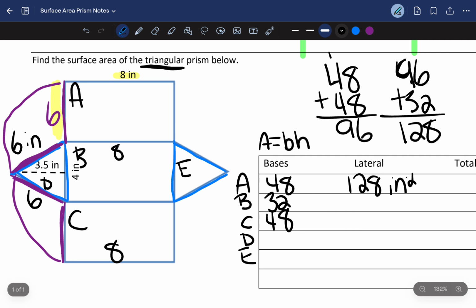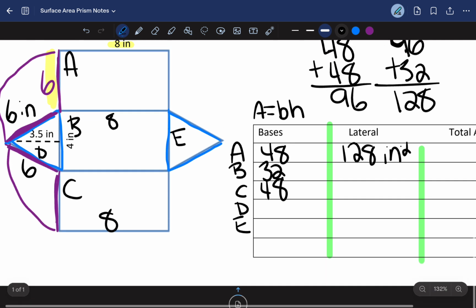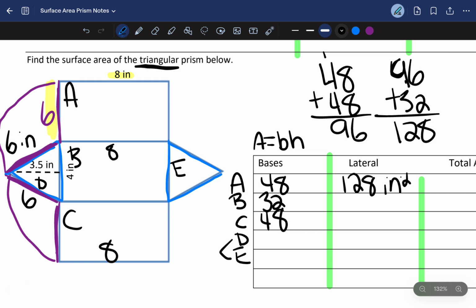Okay, and I'm going to separate this again like I did earlier. Now we have to do total surface area. So we have to go back and find the area of our bases. Well, it's a triangular prism, so the shape of the base is a triangle. So for D and E, I have to do 1/2 base times height.